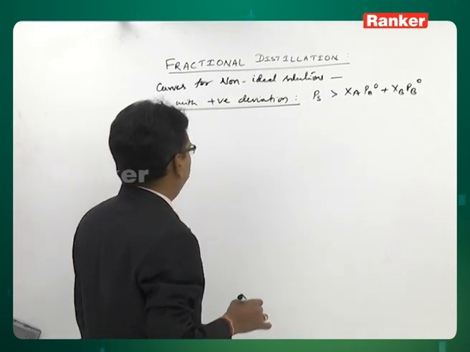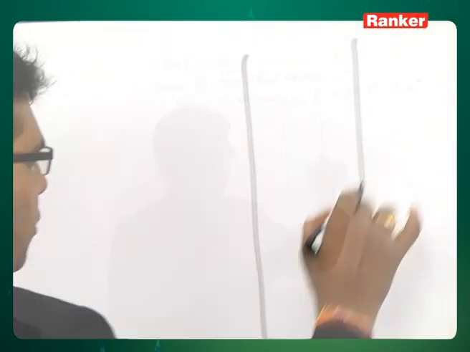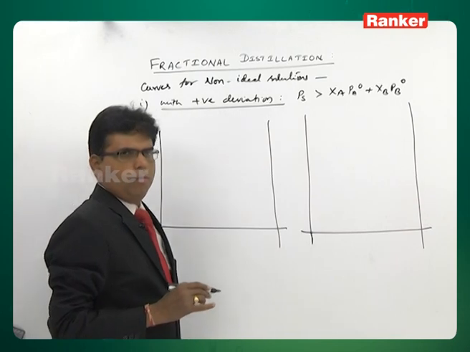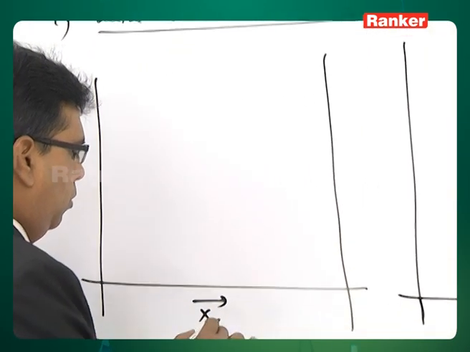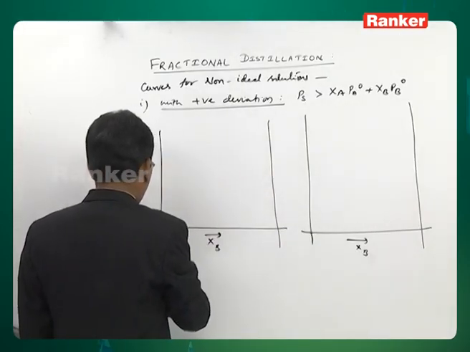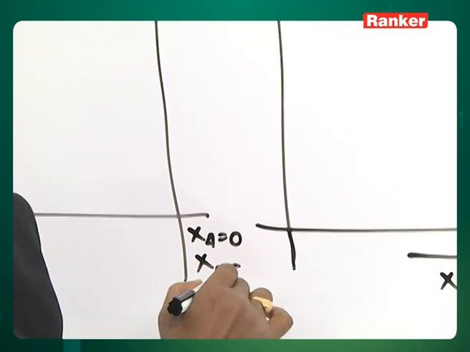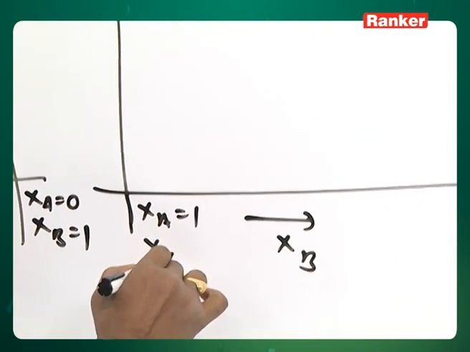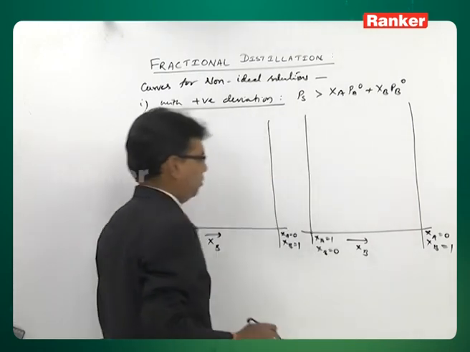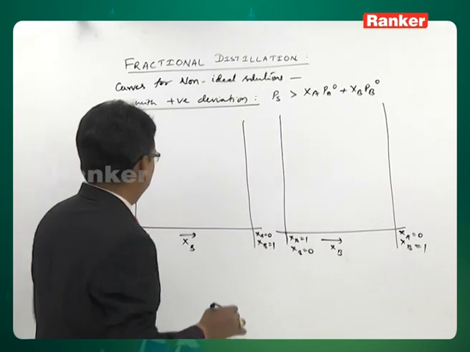In this case, when we draw the graphs, we consider again the two graphs, one for the vapor pressure and one for the boiling point.